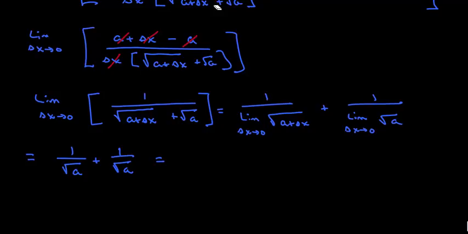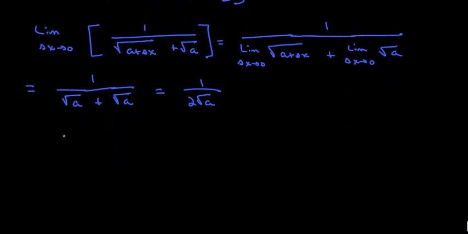Actually, sorry, I wrote this wrong. This has got to be like this. There. Just think about why, in all my talking there, I had miswrote that. Like this, and so this is 1 over 2 square roots of A.